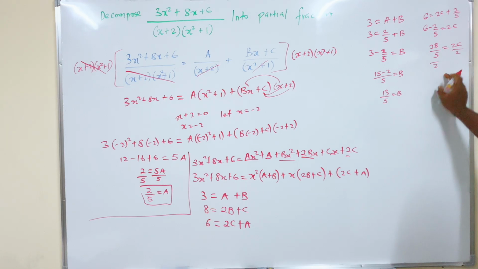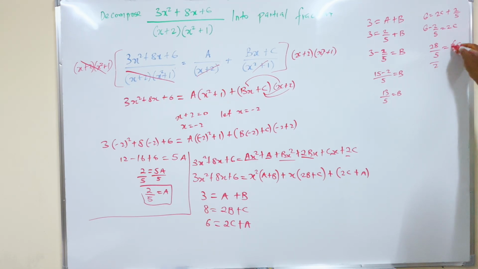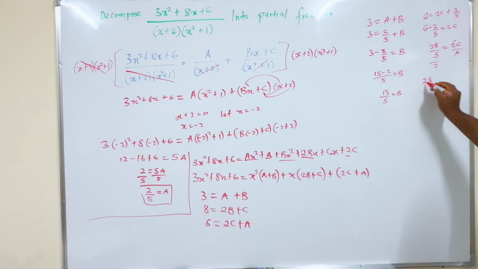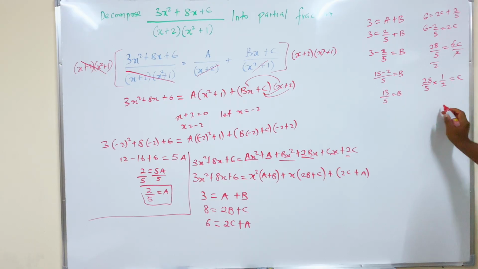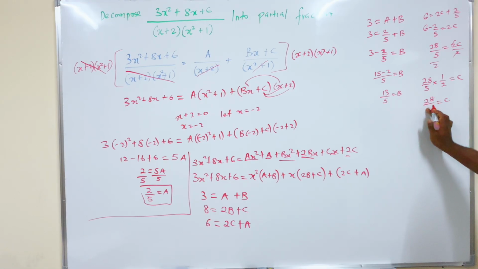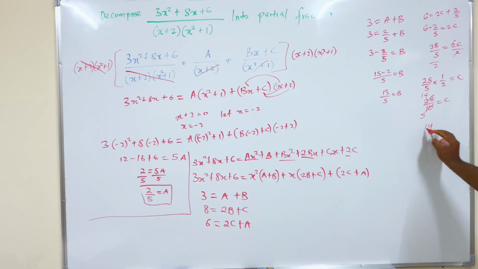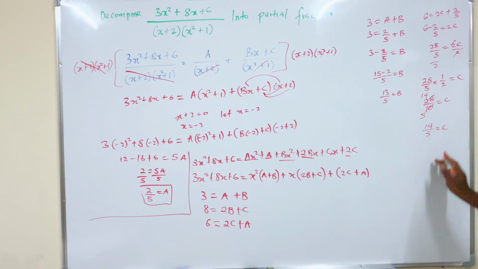So this will now be a complex fraction, and this is the same as 28 over 5 multiplied by 1 over 2, which equals c. So I have 28 over 10 equals c, 10, not 5, because 5 times 2 is 10. If you simplify this, this will give you 14 over 5. So c is 14 over 5. All right? And that is your answer.